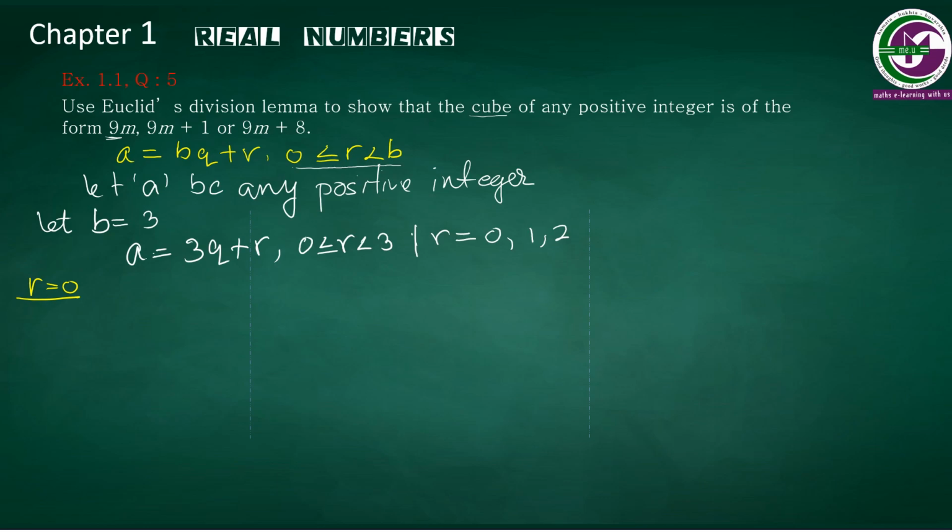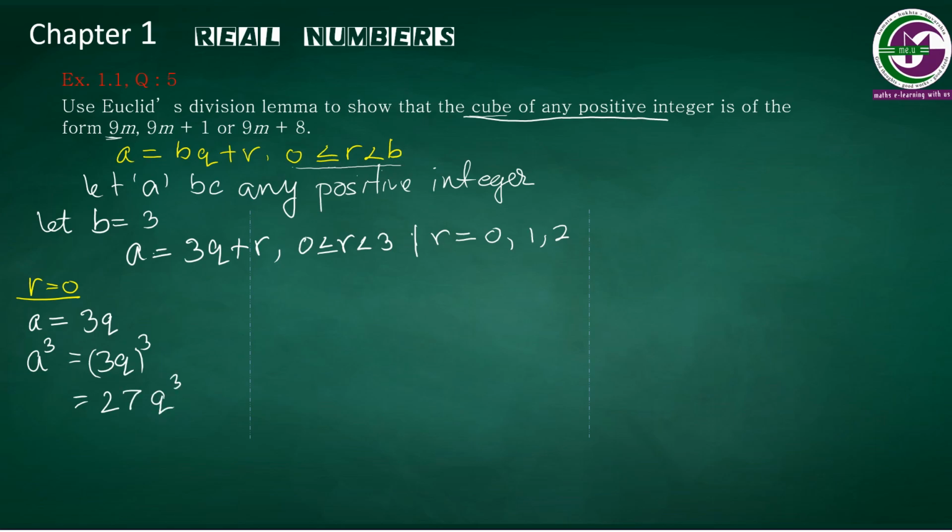So when r is equal to 0, a will be equal to 3q plus 0, that is 3q. And we need to find the cube of any positive integer. So a cube is equal to 3q the whole cube, which means 3 cube is 27. So this will be 27q cube.